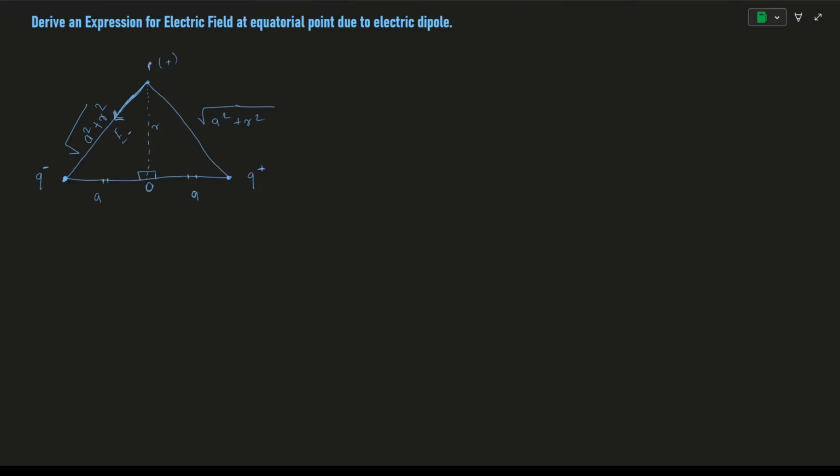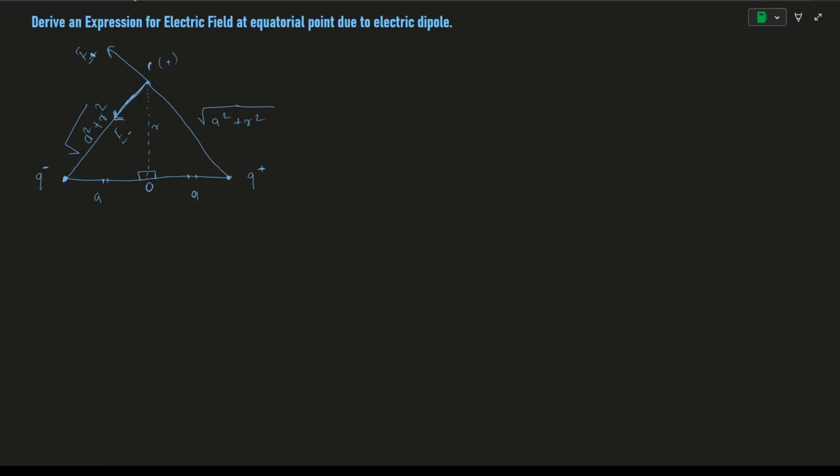Here we have positive q charge, and here is also a positive charge, so there will be a force of repulsion because the sign of both these charges is the same. So the electric field due to this positive charge will be in this direction.